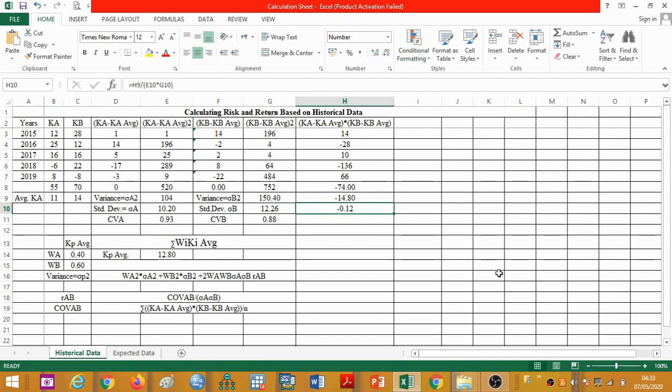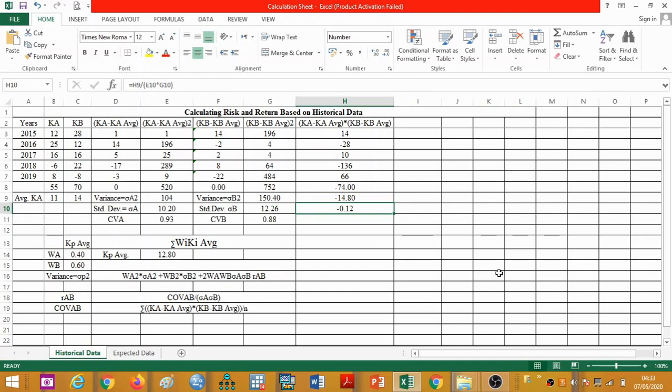Remember, the correlation between two securities can vary from -1 to +1. -1 means that the two securities are perfectly negatively correlated, which means that if the return of one security increases by a given amount, let's say 2% or 3%, the return on the second security decreases by the same magnitude, 2% or 3%. So the magnitude is the same, but they are in the opposite direction. In that case, the correlation coefficient is -1.